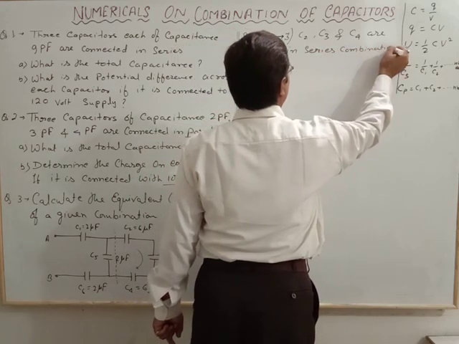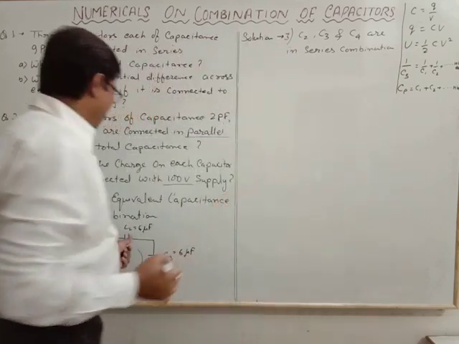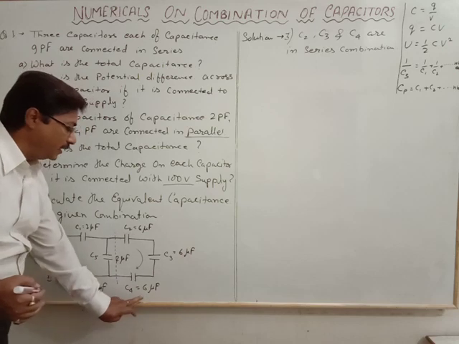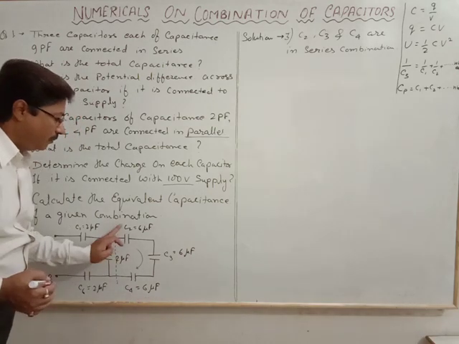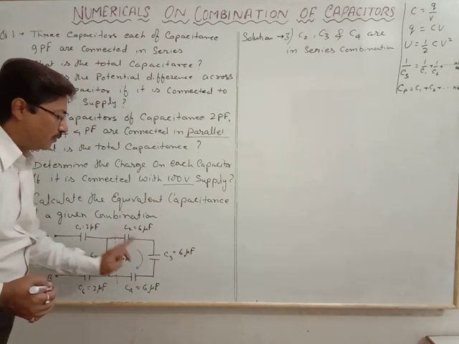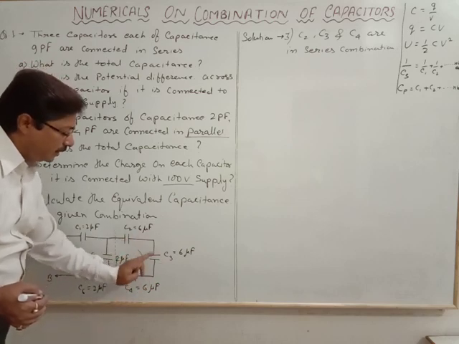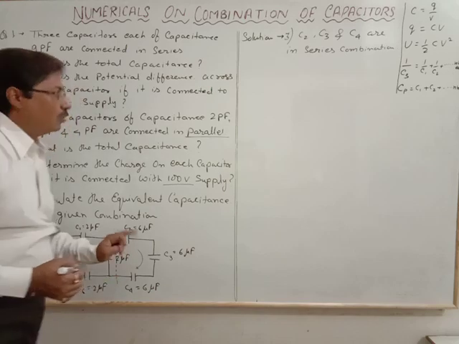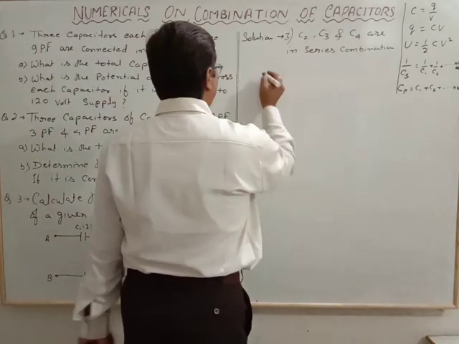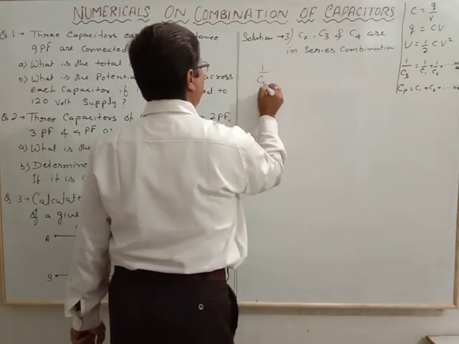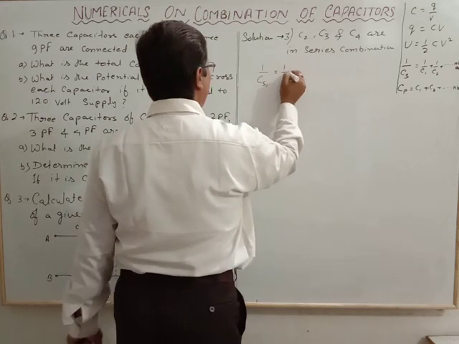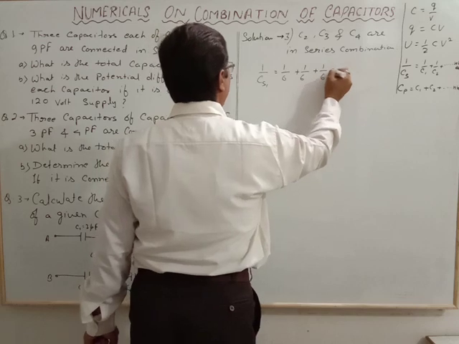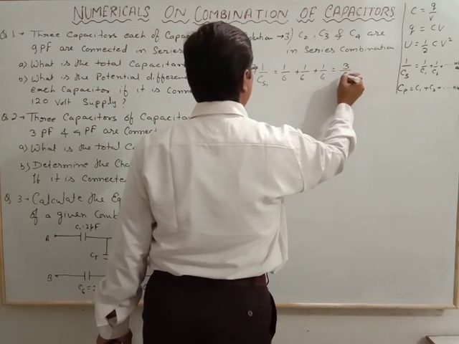Here it is 6 microfarad each. C2, C3, C4 are in continuous connection, in series connection. So we calculate 1 by CS1 is equal to 1 by 6 plus 1 by 6 plus 1 by 6, that equals 3 by 6.